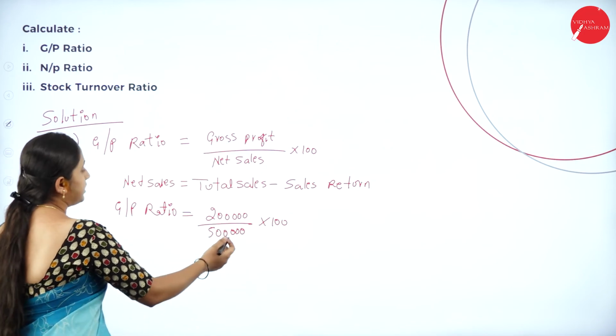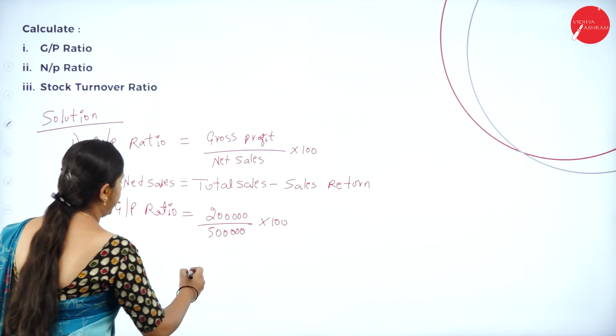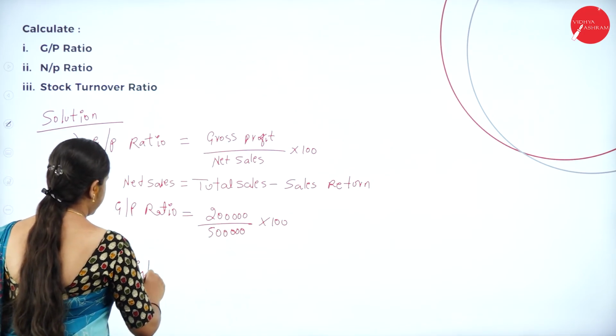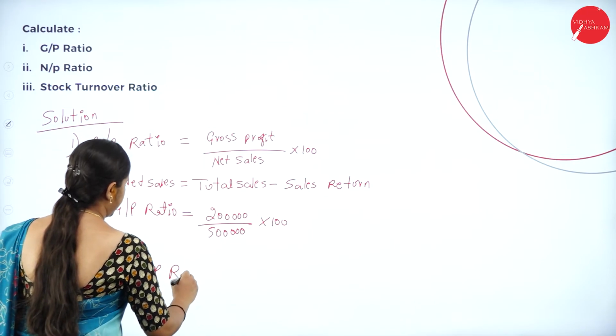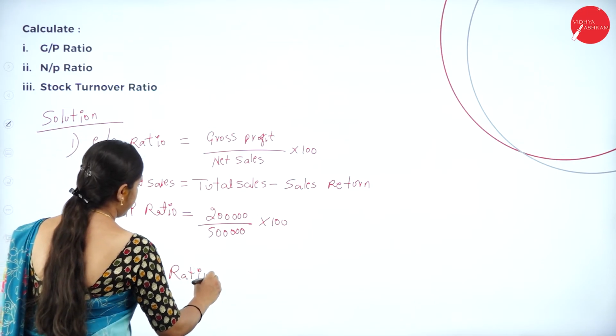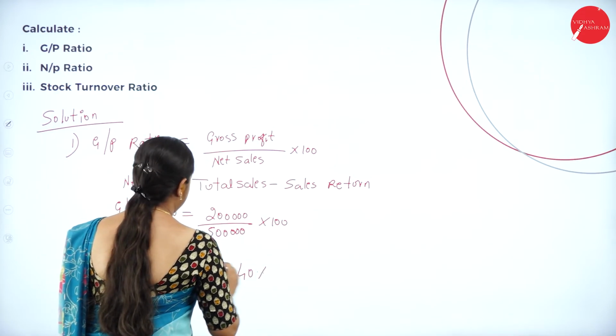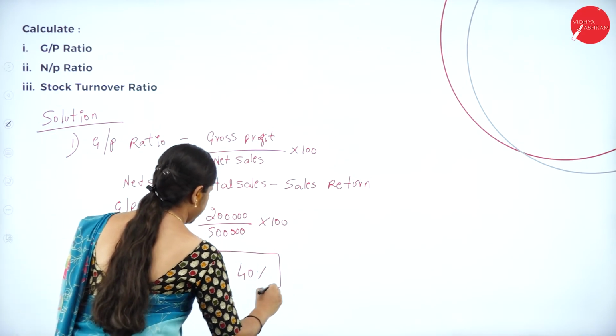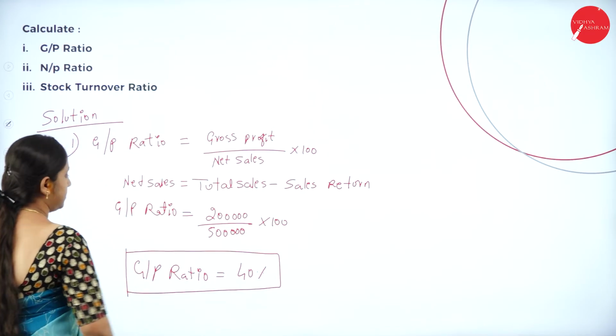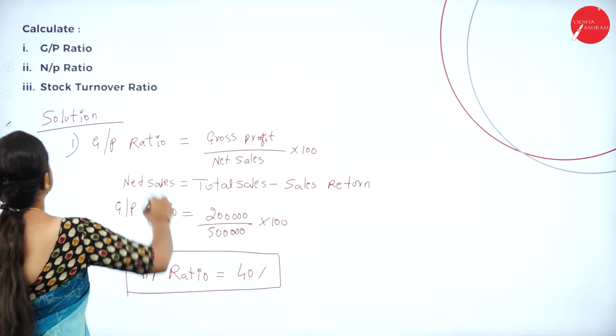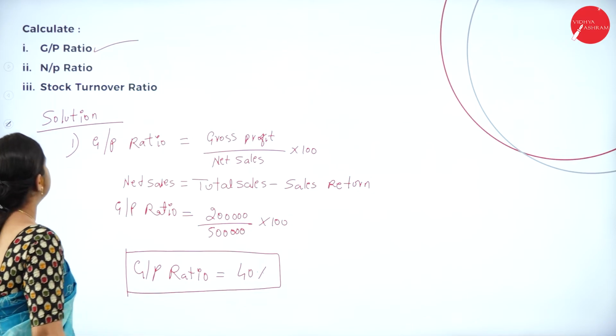Then 2 lakh divided by 5 lakh into 100. That is gross profit ratio is equals to 40%. So now we find gross profit ratio.